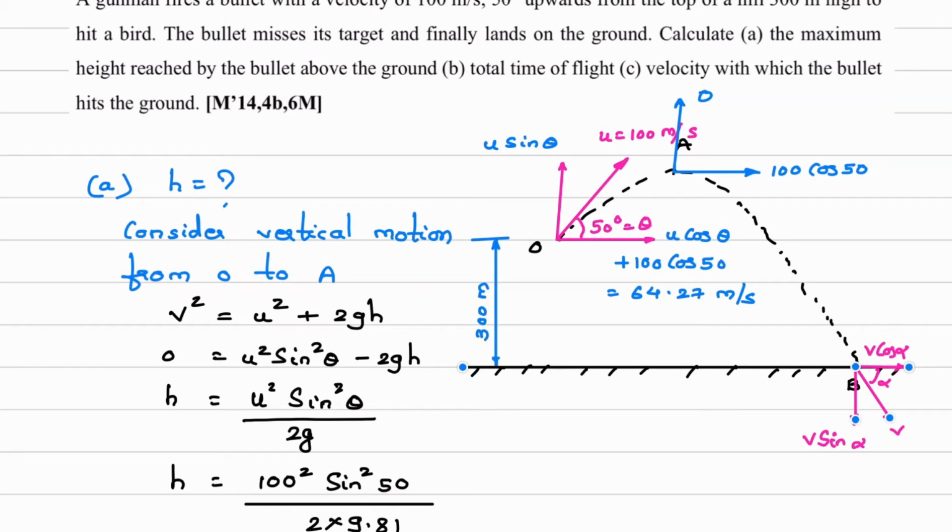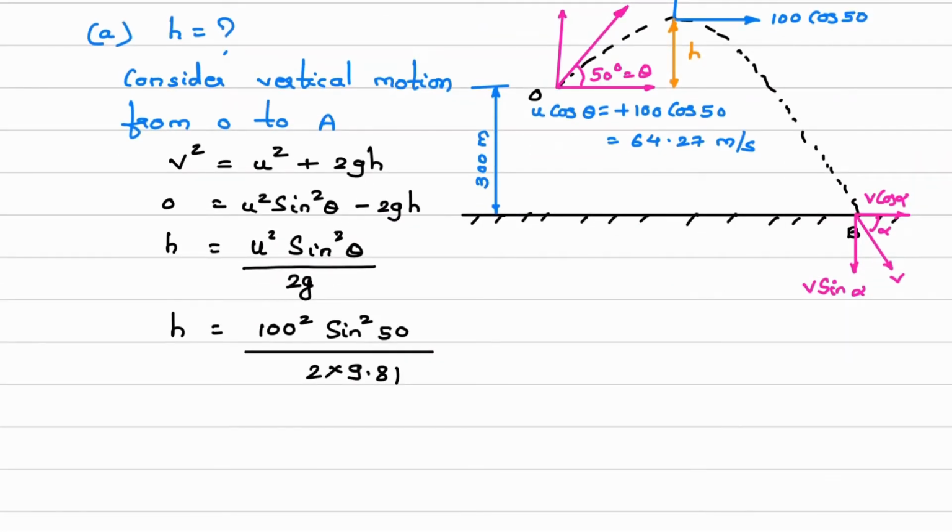So from here we can calculate that h. I'll mark the h on the diagram. This height we are defining as h. So h is equal to 299.09 meter. So we have calculated h. Now what is h max?